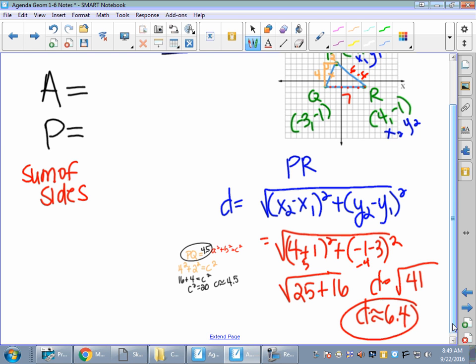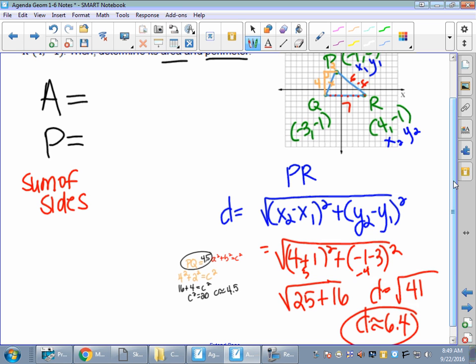I did the distance formula. I know that PQ is 4.5. I did Pythag. You can do them any way you want. So my perimeter is going to be 7 plus 4.5 plus 6.4. Usually the perimeter is the hardest part.